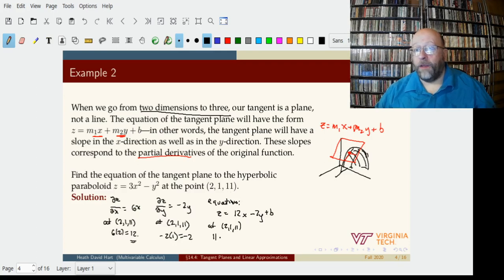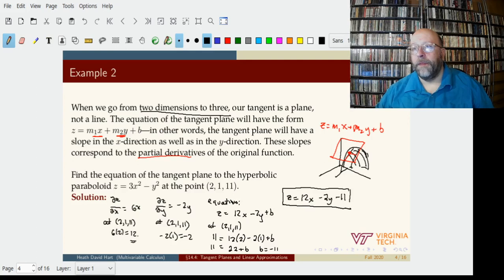And so 11 is z, 2 is x, and 1 is y. So this is 24 minus 2 is 22. So 11 is equal to 22 plus b. And so b will be negative 11. And so there's our final answer. Z equals 12x minus 2y minus 11. And that's the equation for this tangent plane.